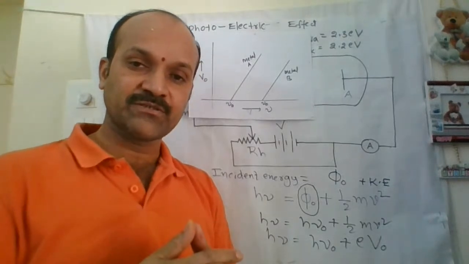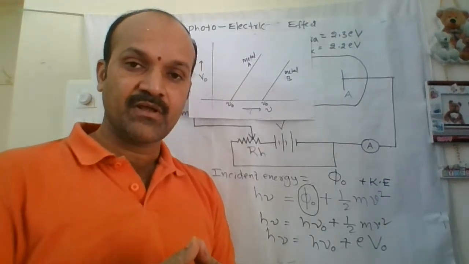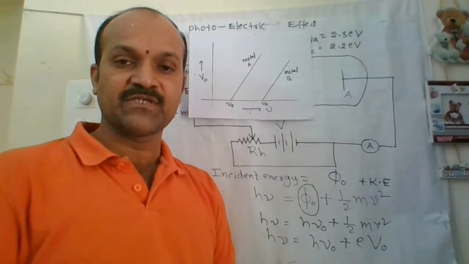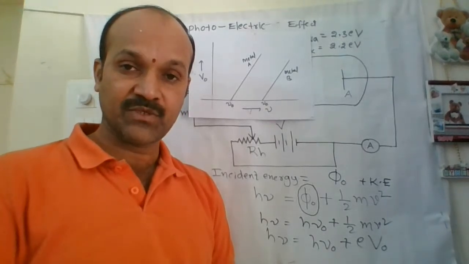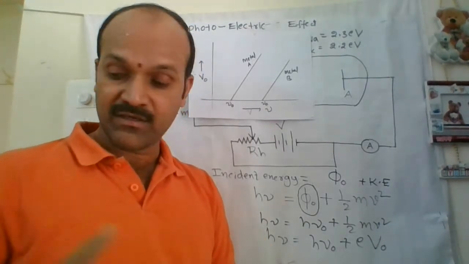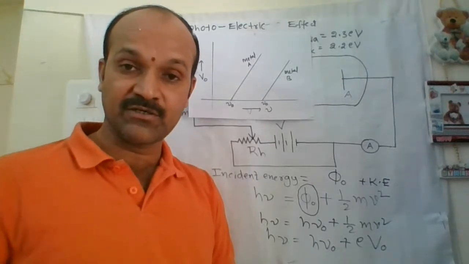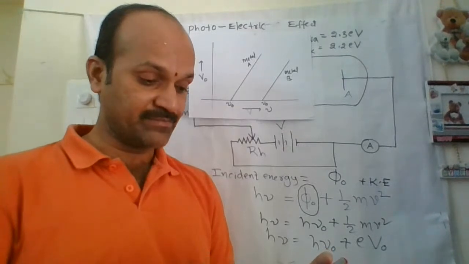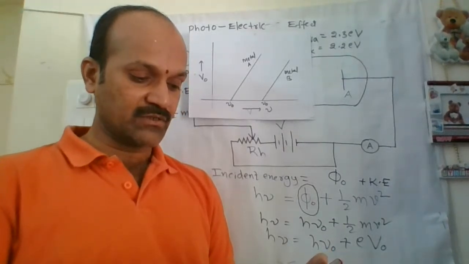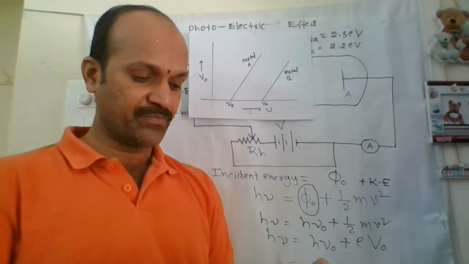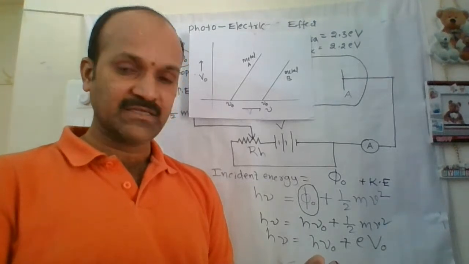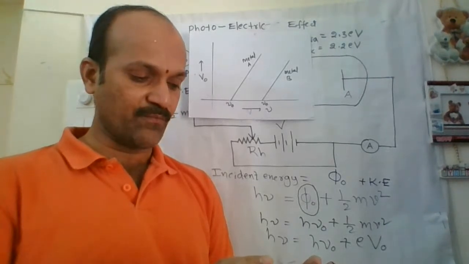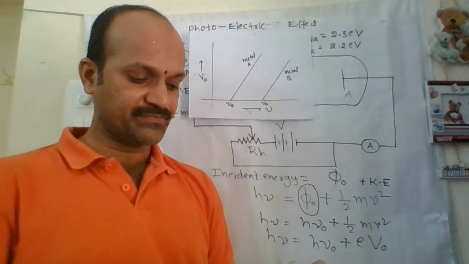stopping potential varies, right? Okay, so this is the photoelectric effect. And one more important thing: yesterday somebody asked, but the student did not mention the name. If you have any questions, you mention the name.